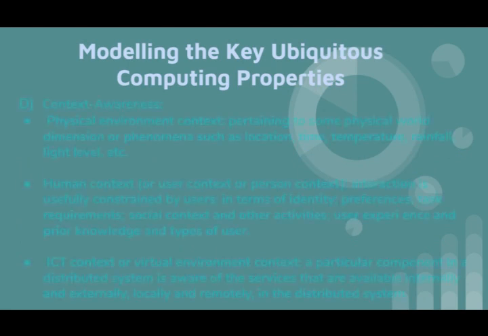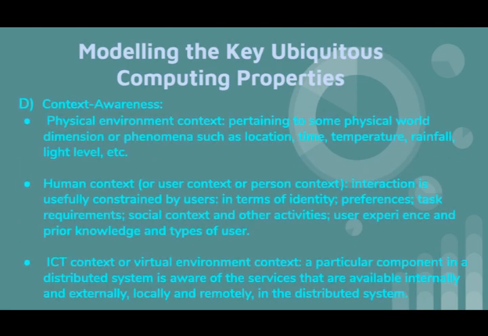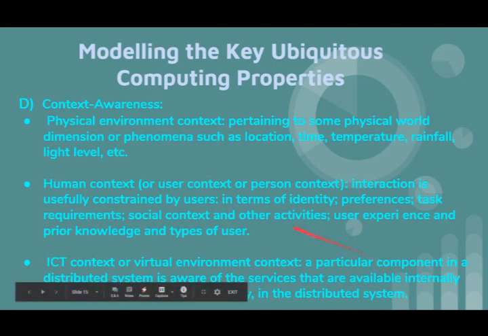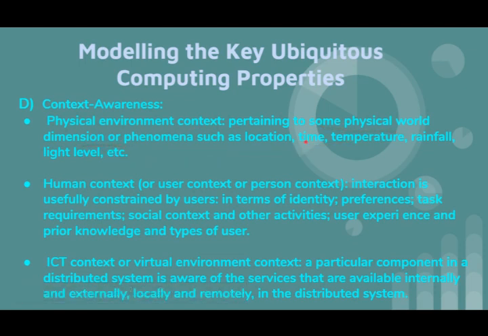Then next is context awareness, which means at what particular context you are, what kind of information you want from that, what kind of sense you will make. So this will happen with context awareness. Physical environment context pertains to some physical world dimensions or phenomena such as location, time, temperature, rainfall, etc. So our system will be context aware.